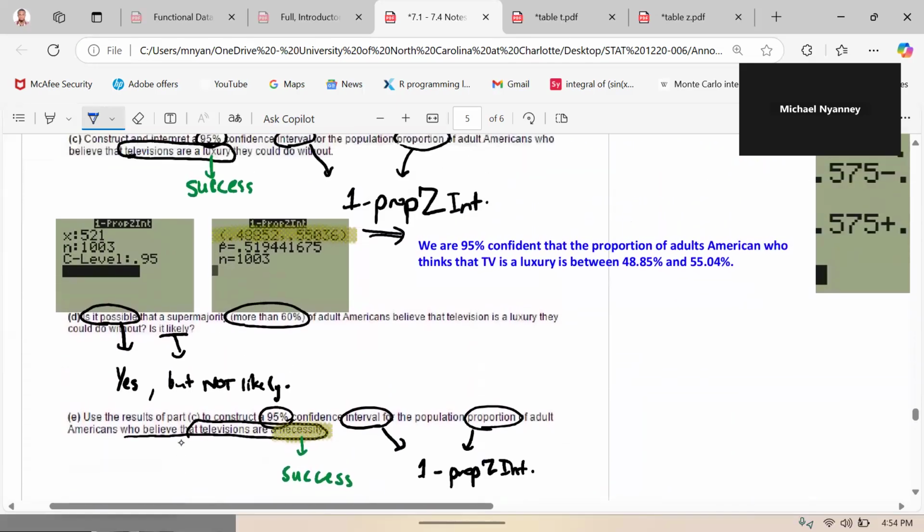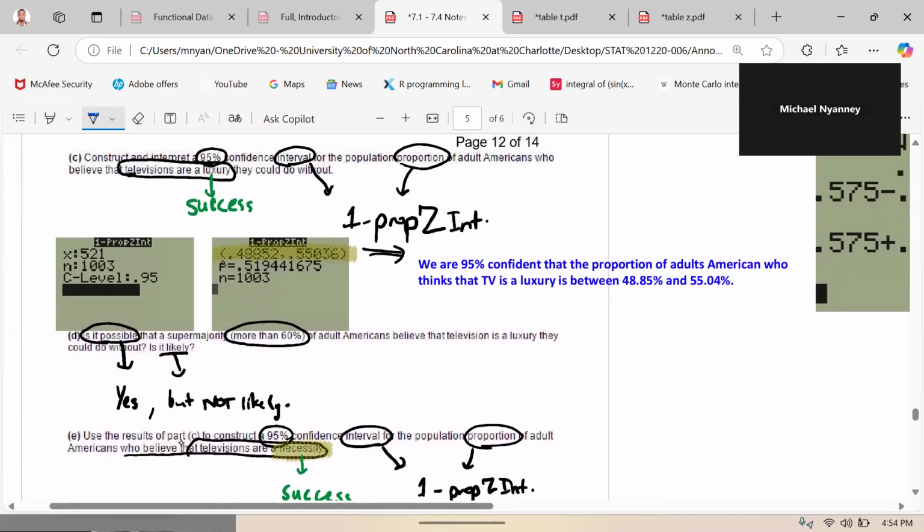So after constructing the confidence interval, you realize that the interval is 0.488 to 0.555. So this is the proportion of those that will lie within that interval. But the question asked in D is, is it possible that a supermajority, that's more than 60%? The upper limit for the confidence interval is 0.555, which we can't go above.